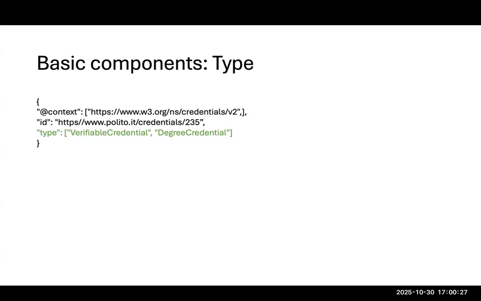In this example, a degree credential. Polytechnico decided to issue credentials with information about the degree achieved by a subject. So VerifiableCredential is still there. The second value depends on the specific credential that this issuer is issuing. So, type.